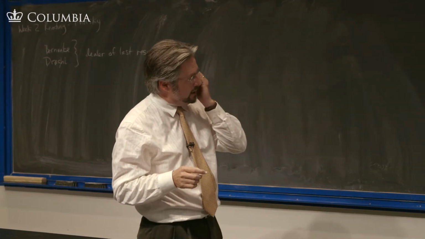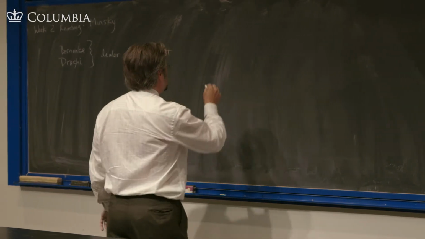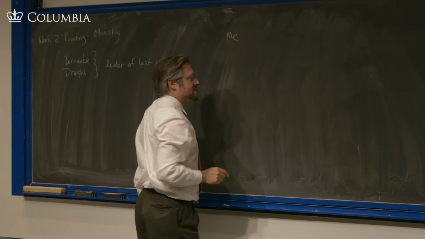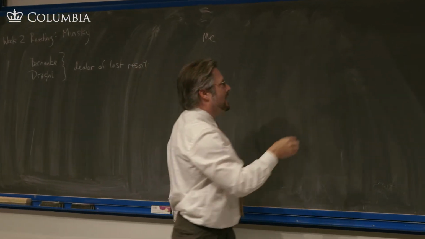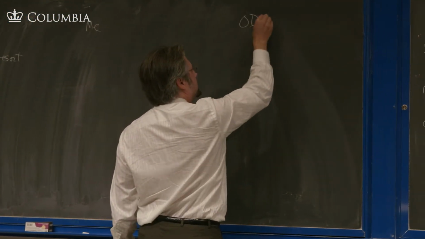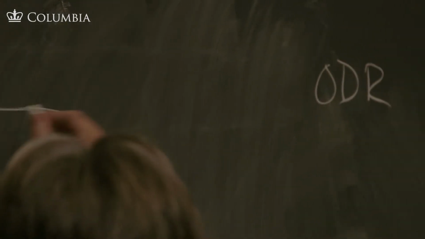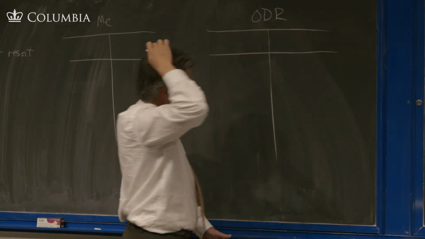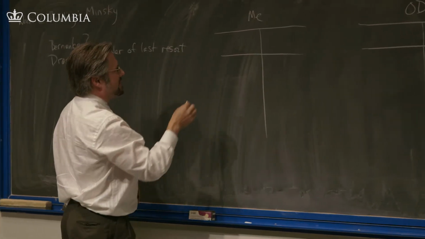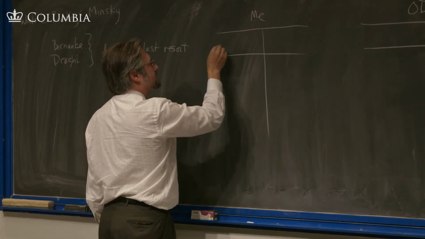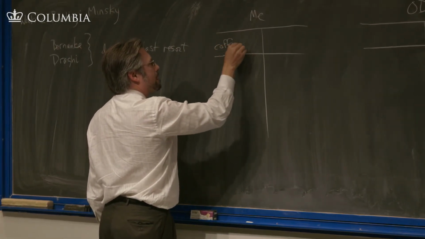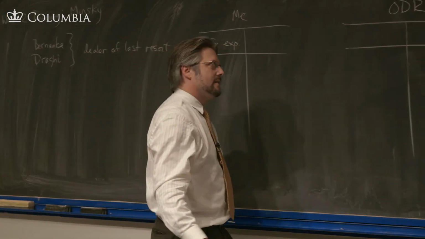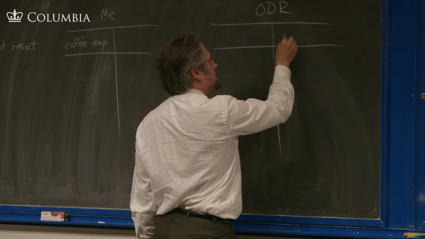How would we characterize this in these balance sheets? Well, there's basically two participants to this thing. There's me, and there's Oren's Daily Roast, the company that was selling me the coffee. And it's pretty clear what happened in terms of the coffee, okay, that I made an expenditure on the coffee, and that Oren's Daily Roast has a receipt on that.